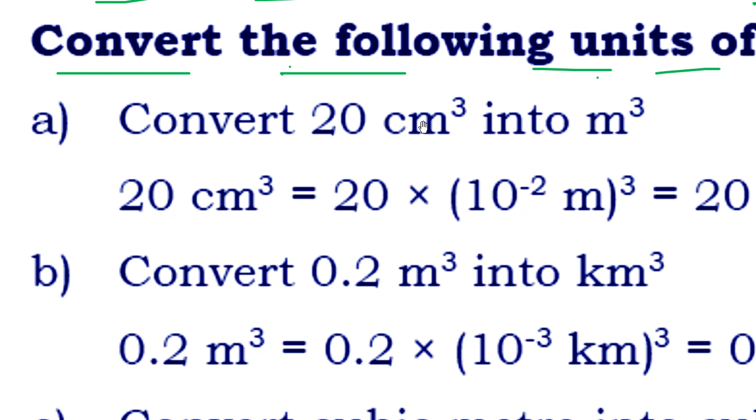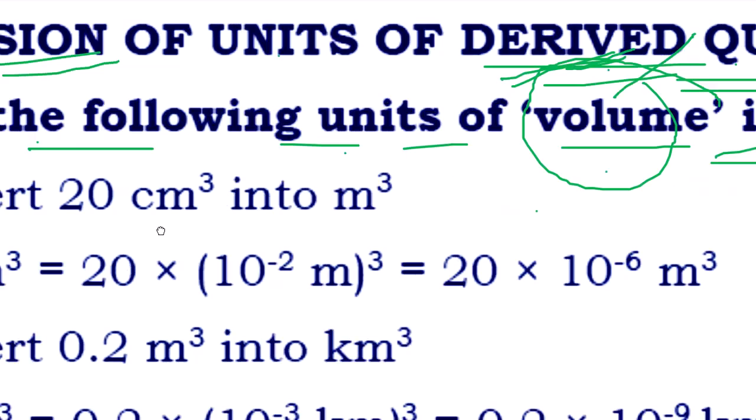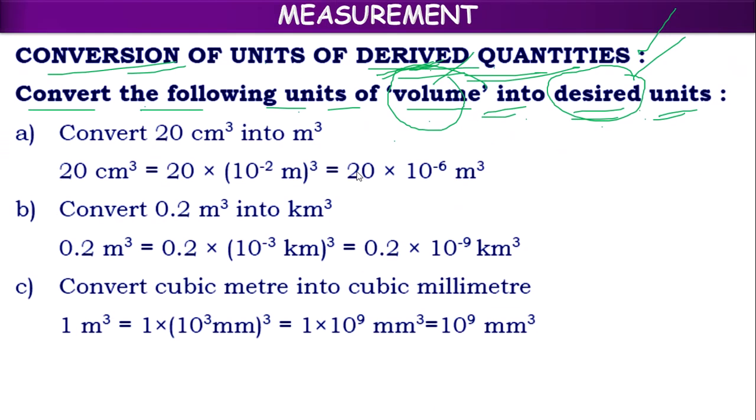Here centimeter cube is the unit of volume, because volume means the space occupied by any body. Volume is calculated by length into breadth into height, where breadth is also one kind of length, and height is also one kind of length.